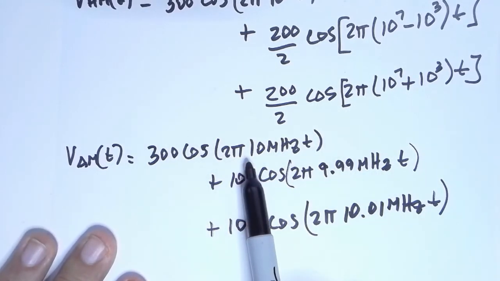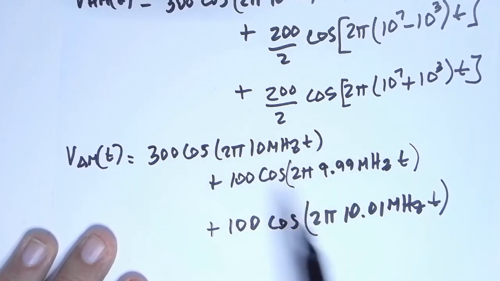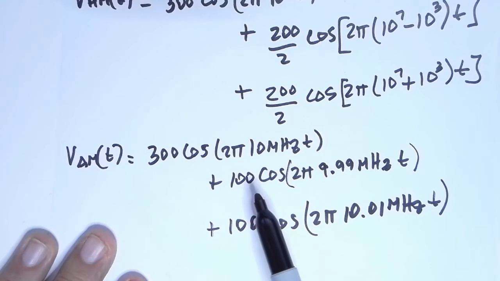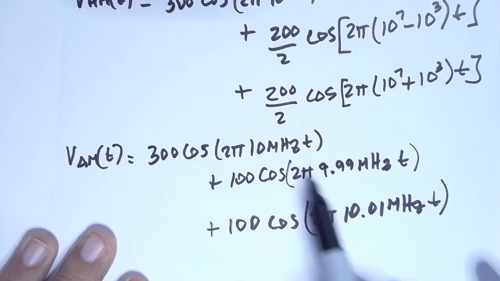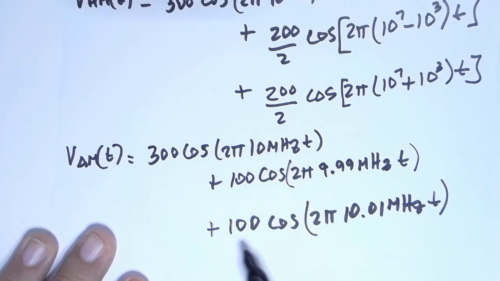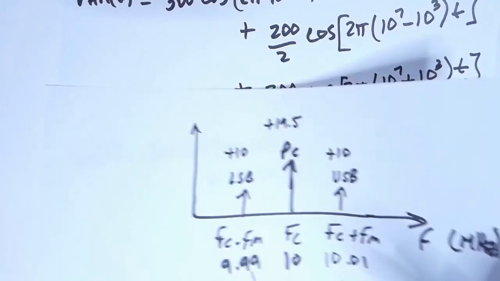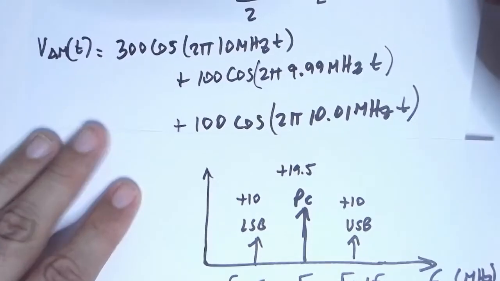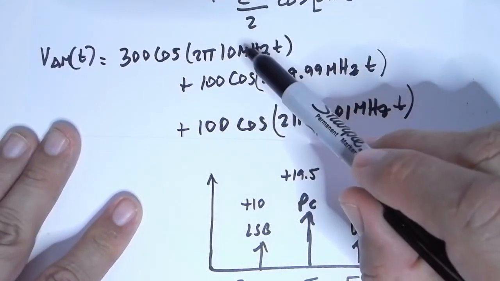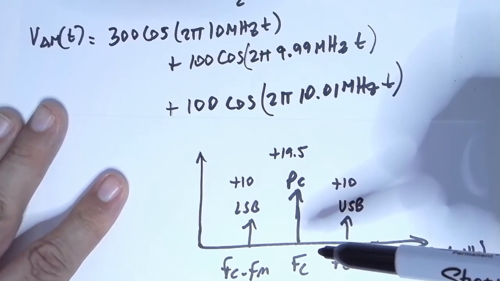So we have a carrier signal that is as it comes, and then we have 2 tones, one for the lower sideband, because the frequency is lower than the carrier, and an upper sideband, which has a frequency that is higher than the carrier. Okay, and as we know from Fourier series expansion, each component represents a tone, and that is reflected on the spectra.